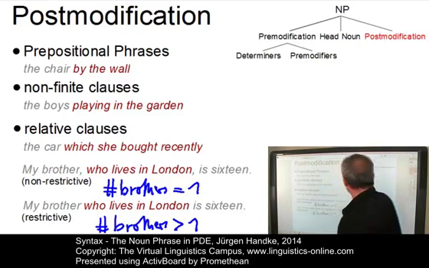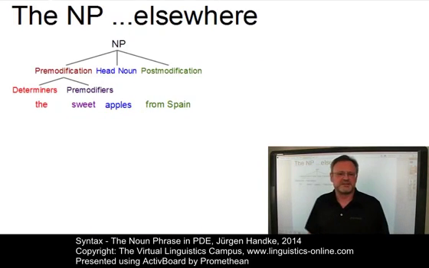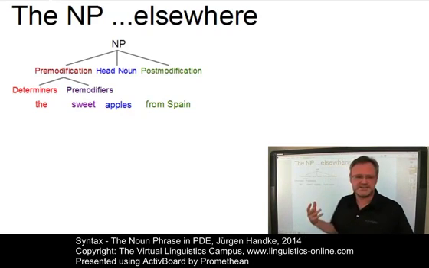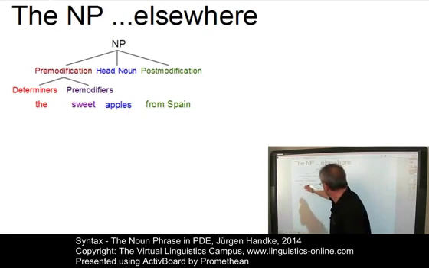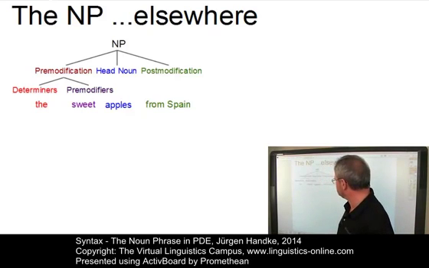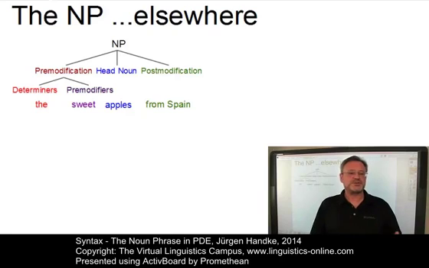Before we finish, let us finally look at the presentation of the noun phrase in formal syntax. According to our traditional analysis, something like the sweet apples from Spain would be the classical noun phrase with a central class 1 determiner, the, an adjective sweet as a pre-modifier, a head noun of the type count noun, and a prepositional phrase as post-modifier.